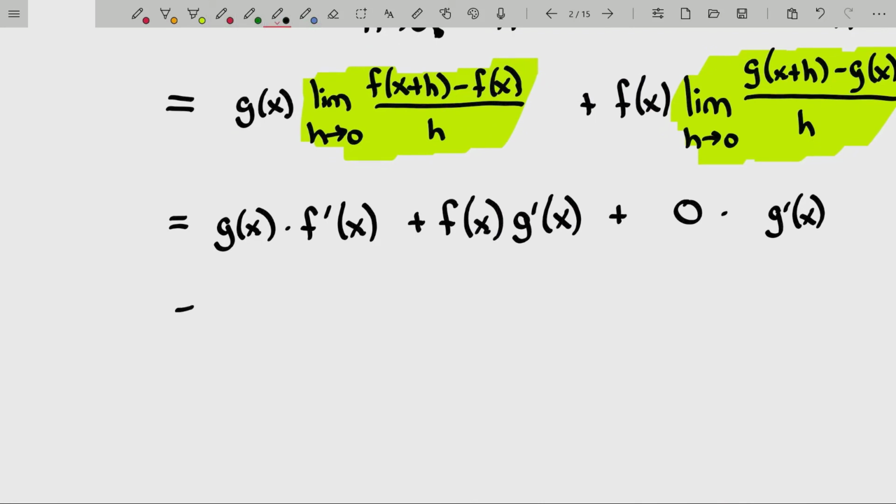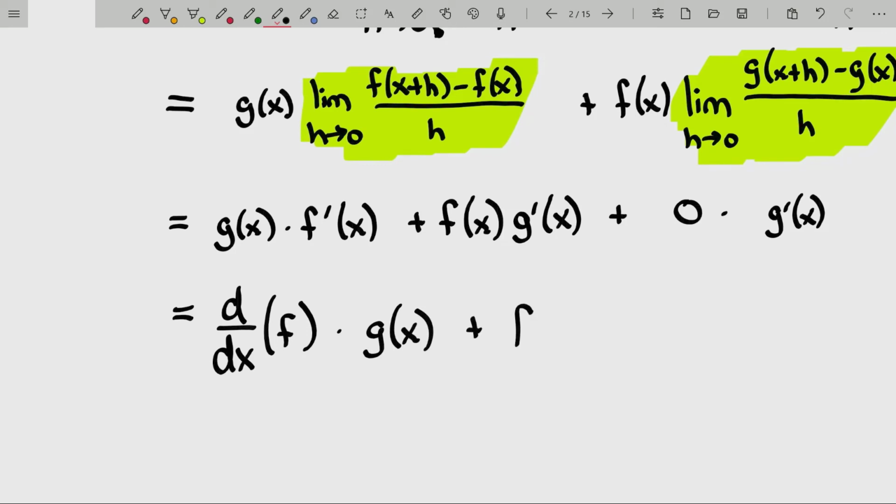The end result, if you allow me to rewrite it in a different order and using Leibniz notation, I'll write f prime in front, so derivative with respect to x of f, of x technically, but I'll just leave it like that, times g of x, plus f times the derivative with respect to x of g, plus 0.